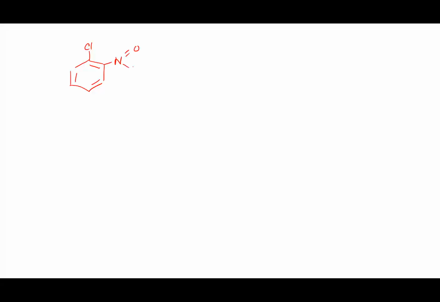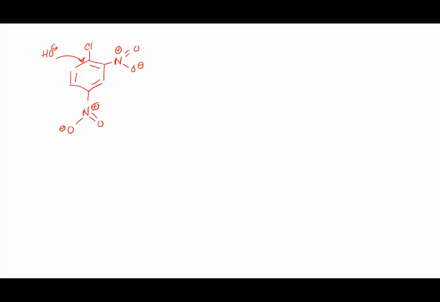I'm going to write out the structure of the nitro group. Write out their explicit structure, and that's one of 2 resonance structures for that. So what happens is the hydroxide comes in and adds to the carbon that the chlorine is attached to.